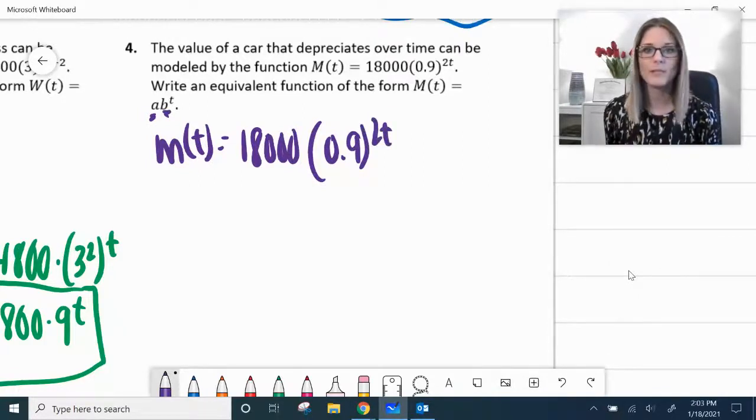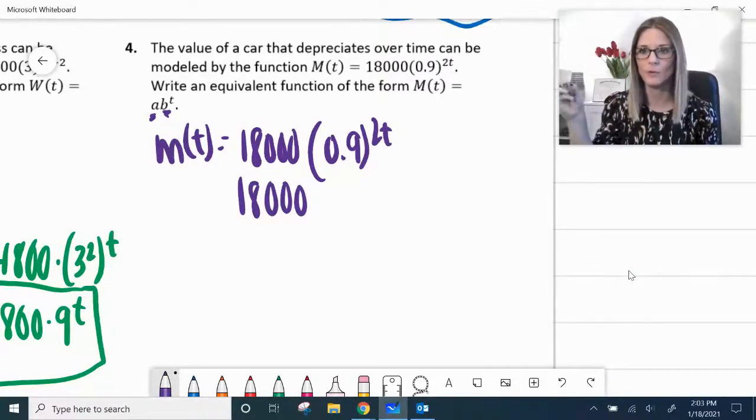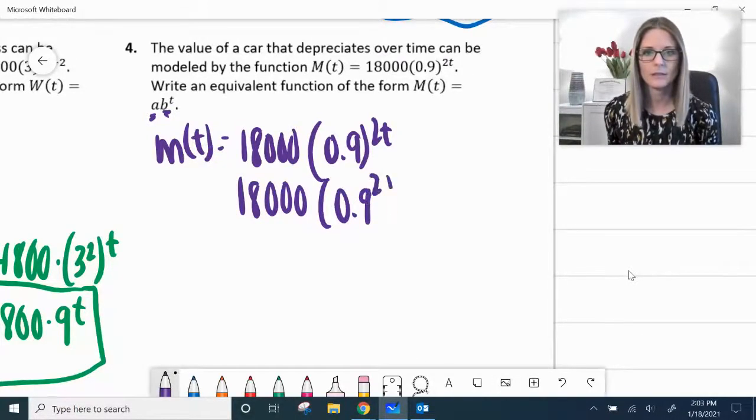Okay, so I'm going to separate my 2t using my power to power rule. Instead of multiplying, I'm going to separate like so. Backwards power to power rule.